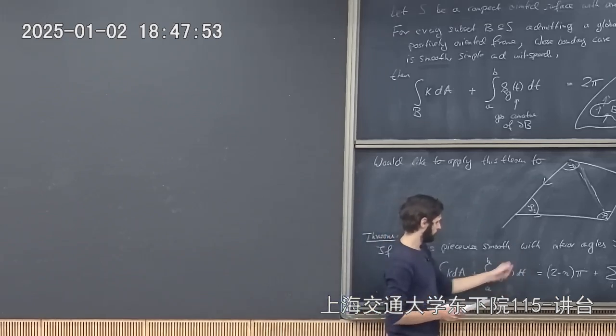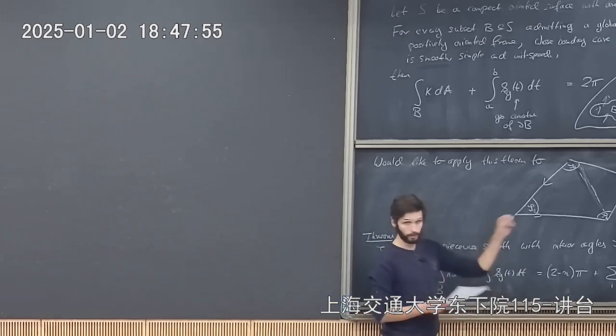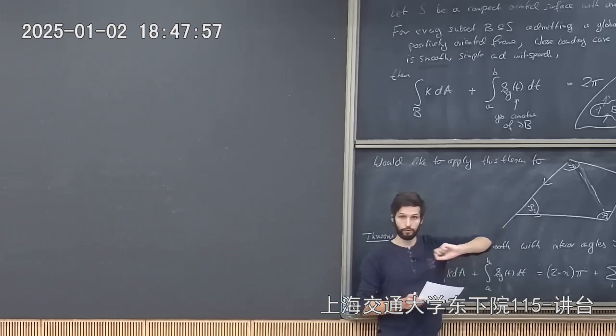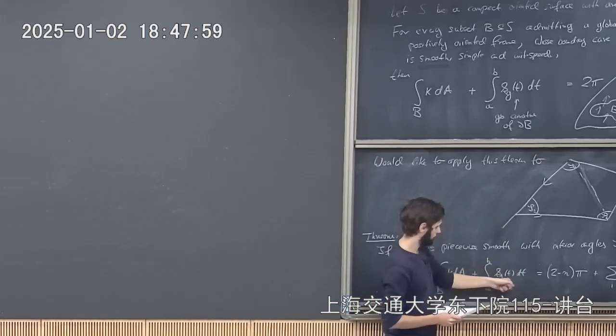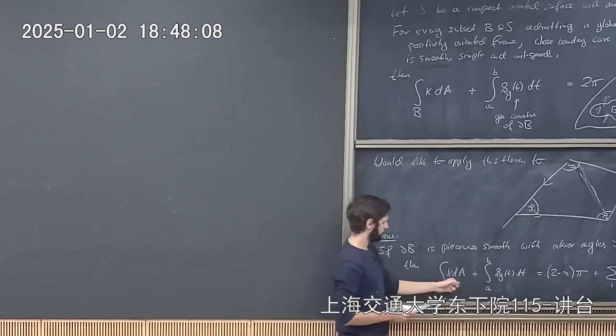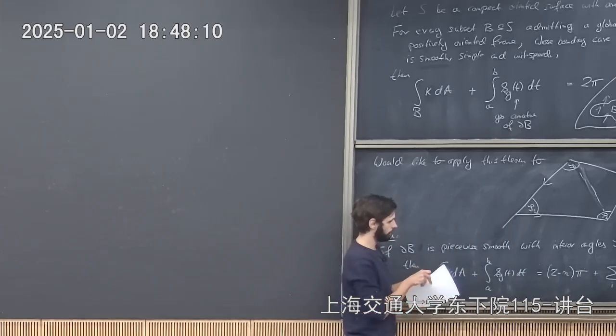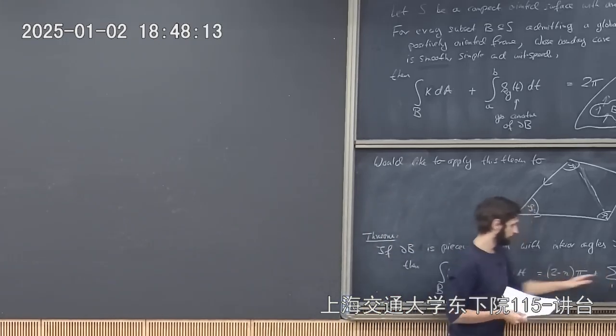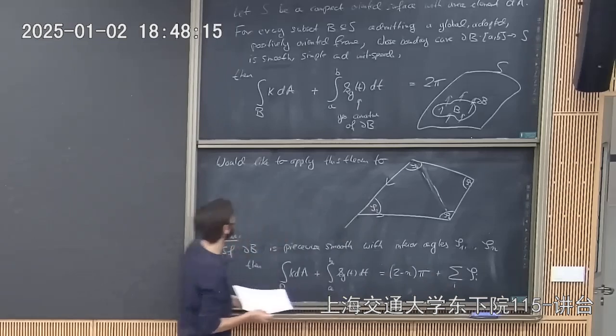If you assume, for example, that the triangle is geodesic, so all the boundary curves are geodesics, then the geodesic curvature vanishes, so we don't get any contribution here. But then this theorem tells you that the total Gaussian curvature of this triangle can be measured in terms of the angles in there.